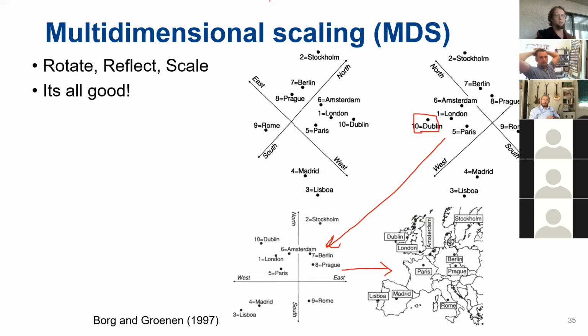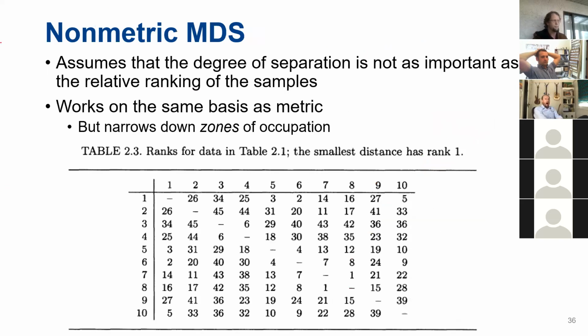Just, you can't move one of these points relative to the other ones. And you can't arbitrarily scale part of the image relative to the rest of it, because then you're breaking those relationships in distance. So that's metric MDS. That's how metric MDS proceeds.